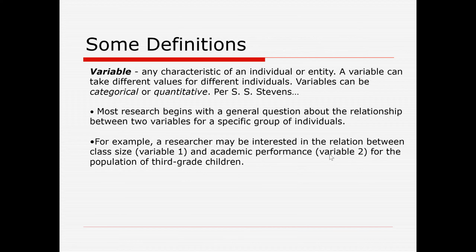Variables, again, look at it as any characteristic of an individual or entity. Okay? And it can take different values for different individuals. And these variables can be categorical or quantitative.